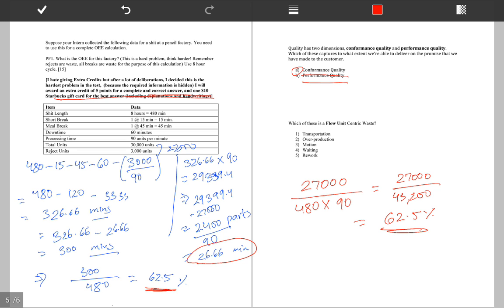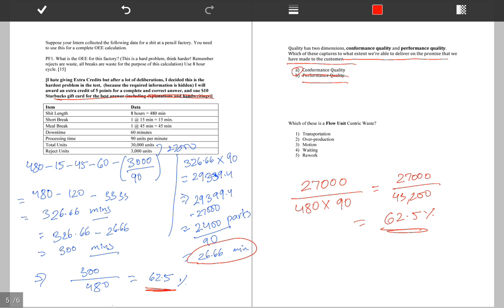Whereas being able to produce a better product, and performance quality might mean different things for different people, but we all agree Mercedes is a better car than a Corolla. So that is performance quality. So the dimension which measures if we are delivering what promise we made to the customer is conformance quality.